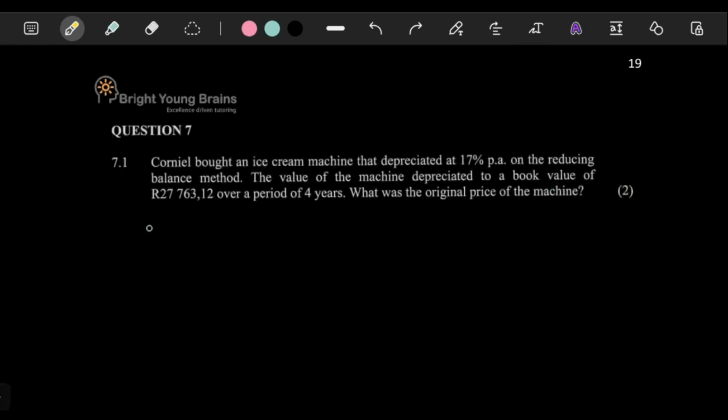So if we're talking about something depreciating and they said reducing balance, this is the reducing balance formula. You see, this is something we should all know. So the percentage, we already have it. The figure after the 4 years, we already have it.